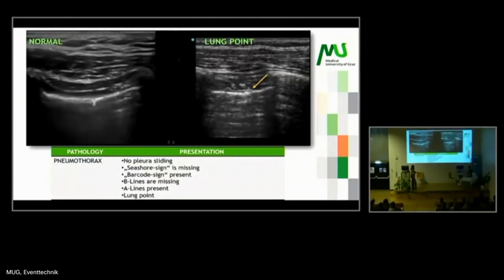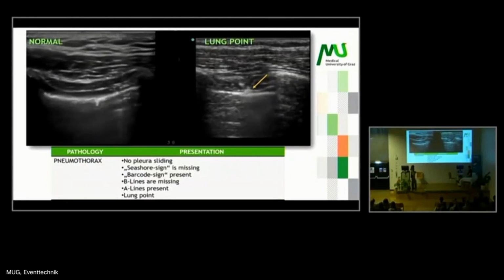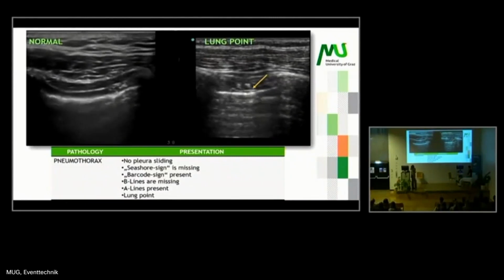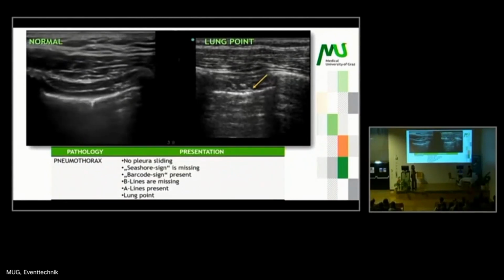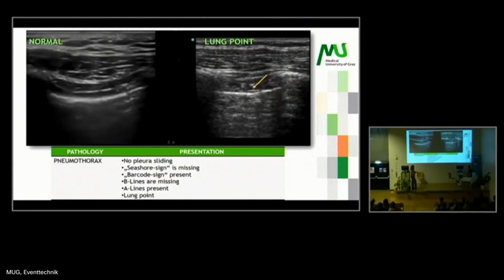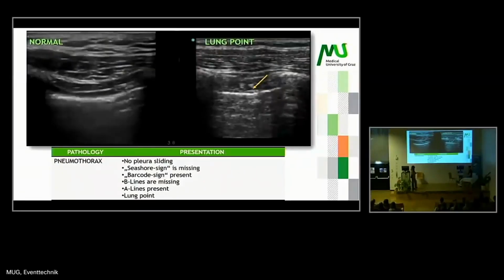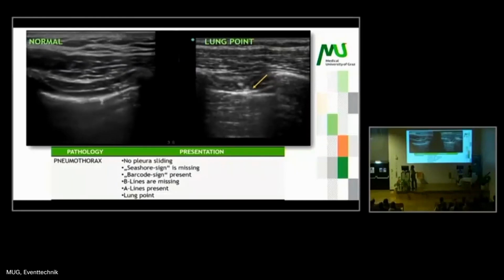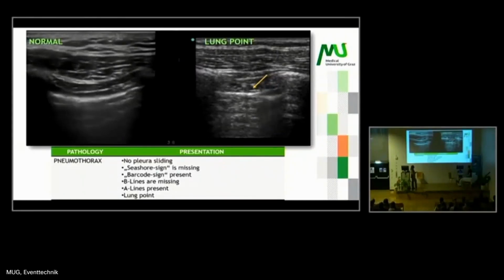It is on the left side, normal sliding of the pleura. We call it here in the German area Ameisenlaufen. I find it perfect because it is really how it looks like, ants running left and right. And on the lung point, you see the lung pleura that is not moving.